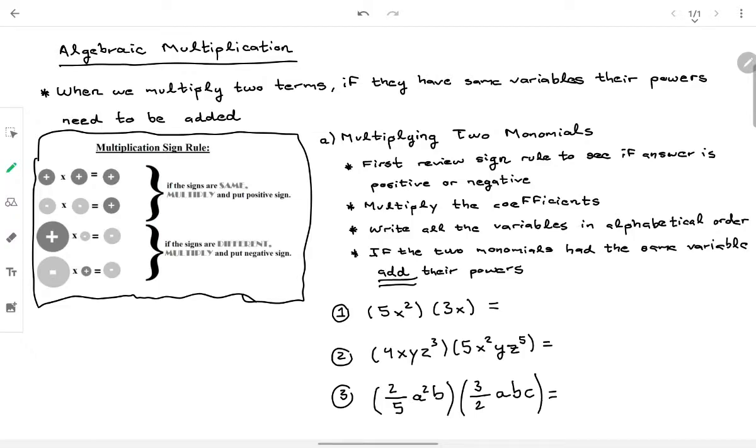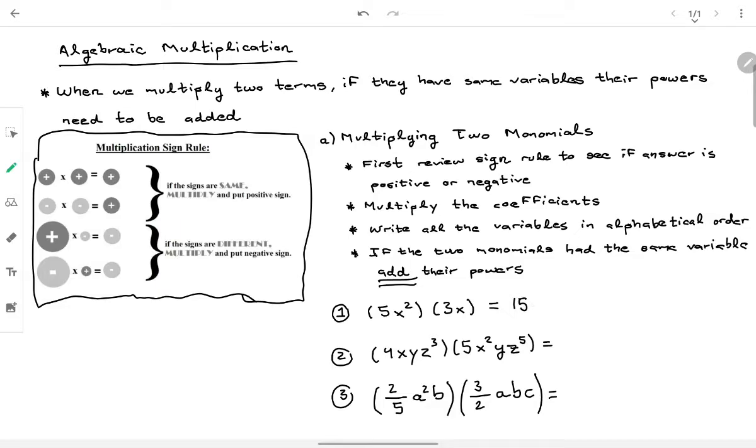Let's review these first three examples that are very simple ones. All of them are positive, so our answers will be positive. In the first one, we have 5x squared multiplied by 3x. The rule says to first multiply the coefficients. In this case, 5 times 3 is 15.